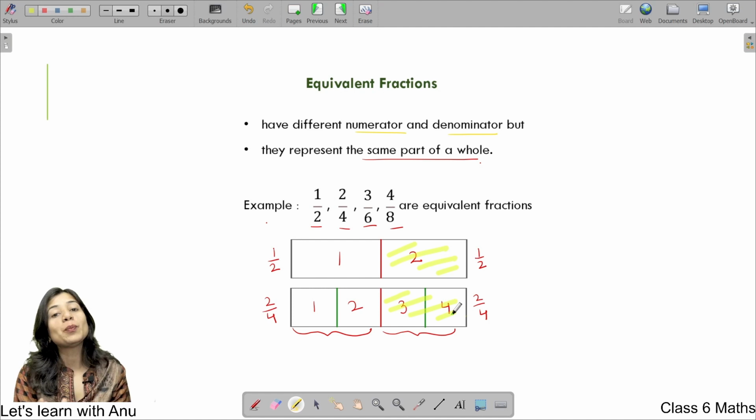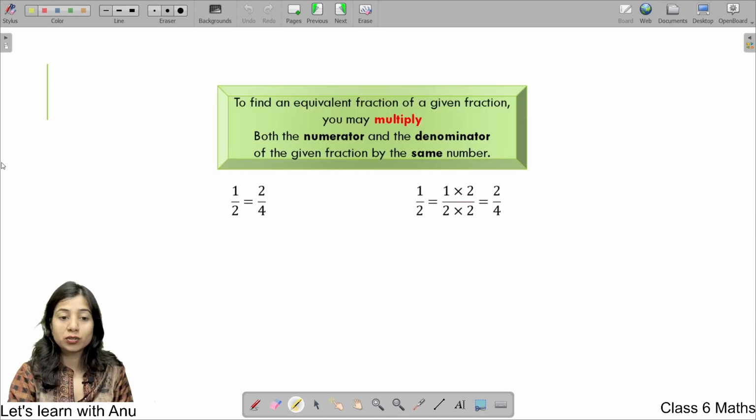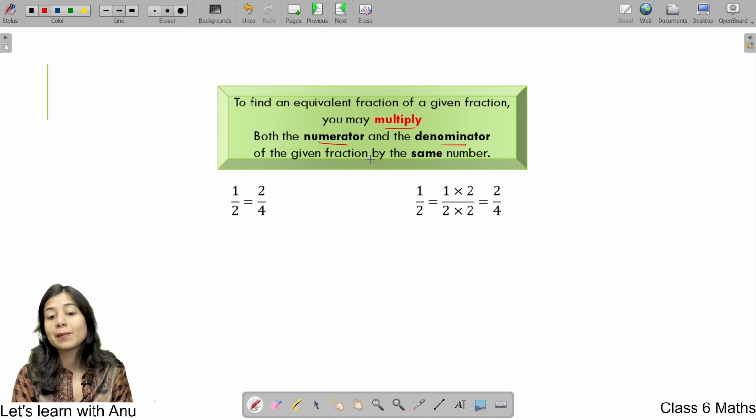Now, how to make equivalent fractions? Let's learn the rules to obtain equivalent fractions. First one, to find an equivalent fraction of a given fraction, you may multiply both the numerator and the denominator of the given fraction by the same number.